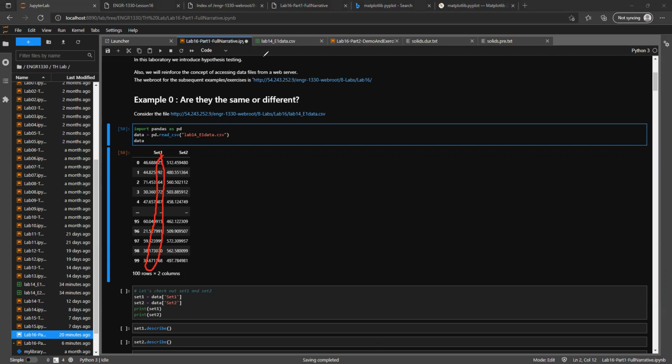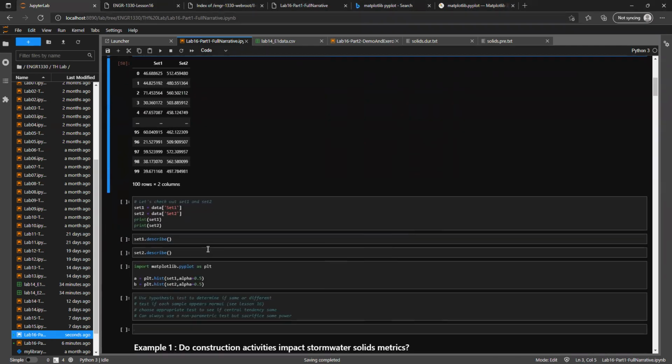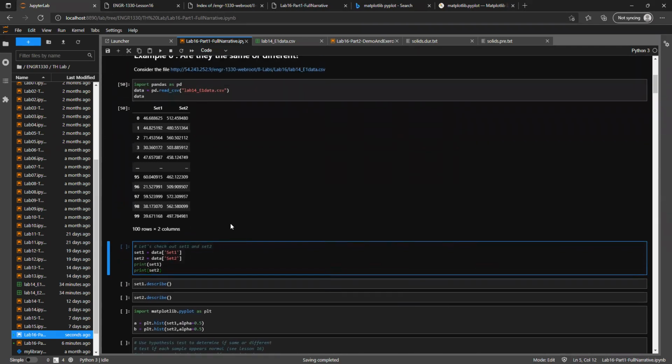They're a thing we've worked with before. They're called a series. Okay, so we've got our data frame. Nothing fancy going on, didn't have to change anything. Let's check out what our data sets look like.